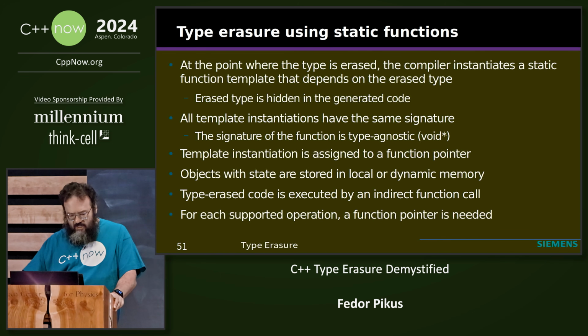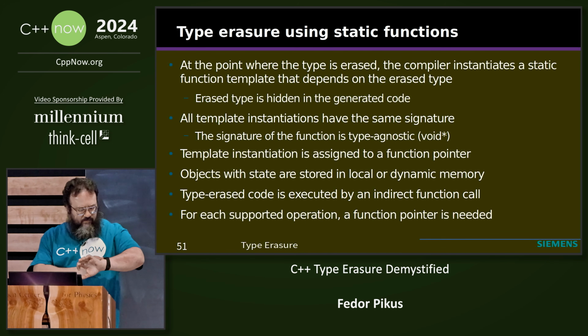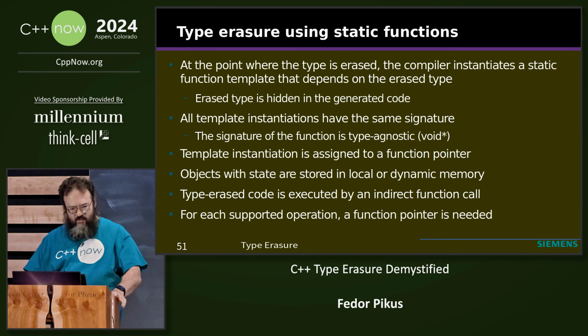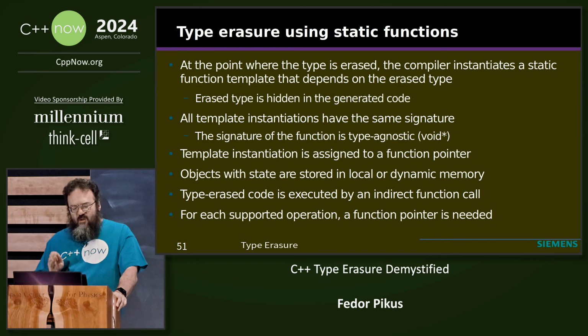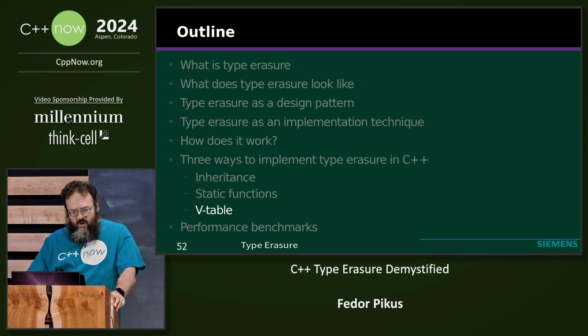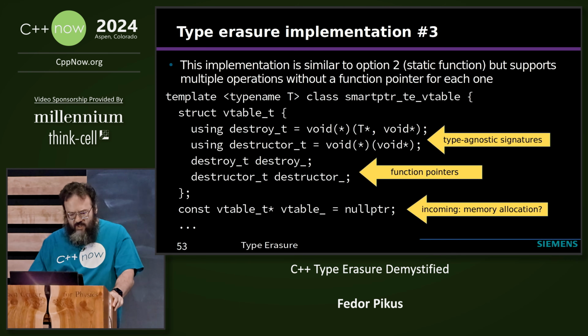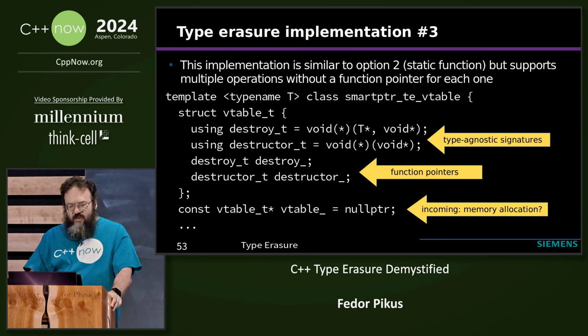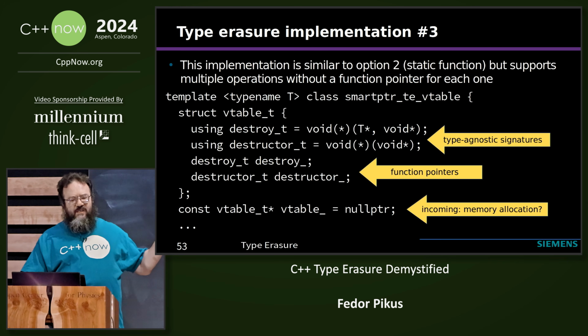Okay. So let's see. The downside: this is the fastest path, but for every operation you want to support, you need another function pointer. So we're now going to look at the third option. I call it vtable, you'll see why. To be clear, I didn't invent any of this.